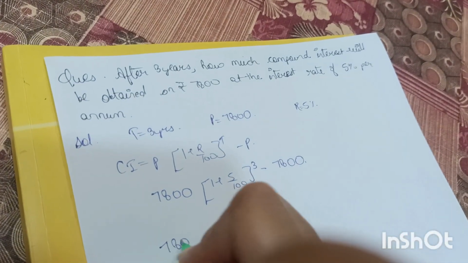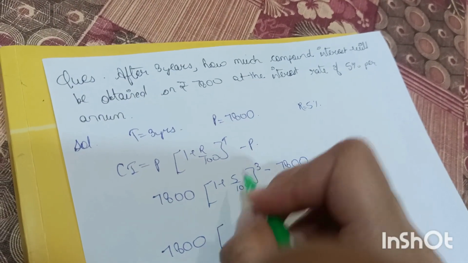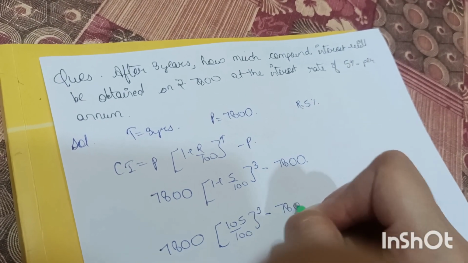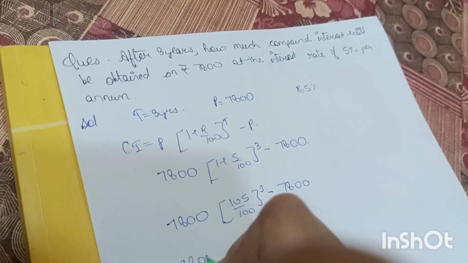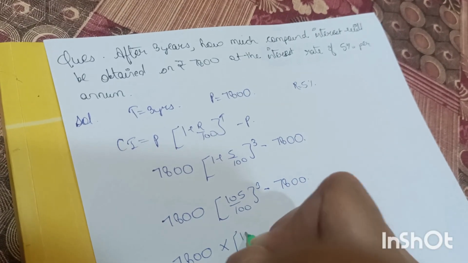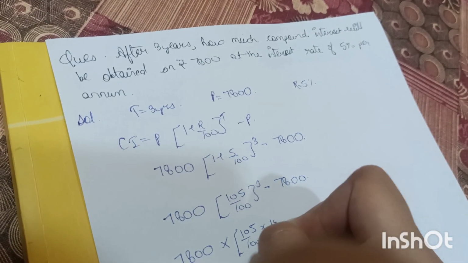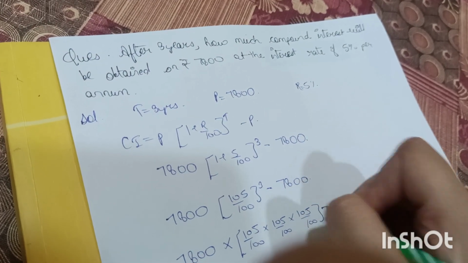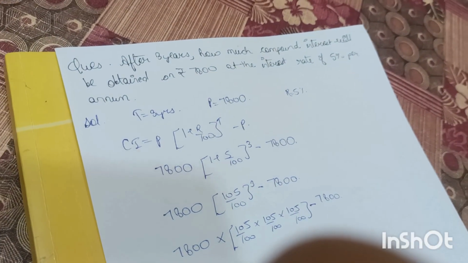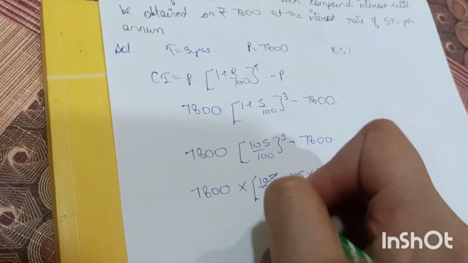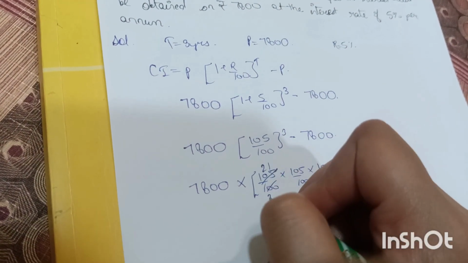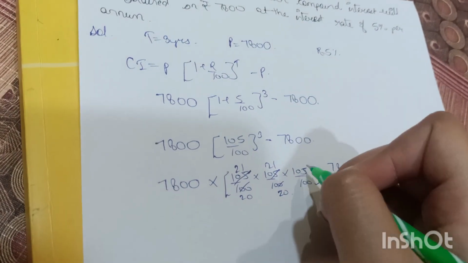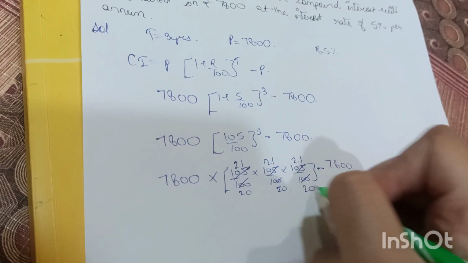So you can solve it out like this. You will get 105 upon 100, to the power 3, minus 7800. So if you solve it out, you will get this value. If you cancel it out, you will get 21 upon 20. You have to cancel it by 5. So you will get 21 upon 20.